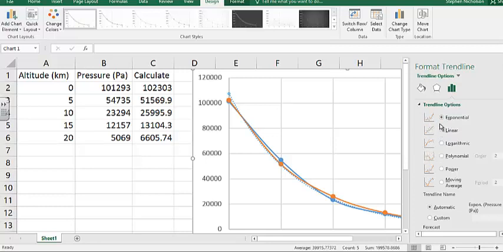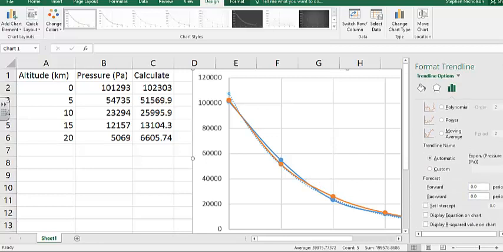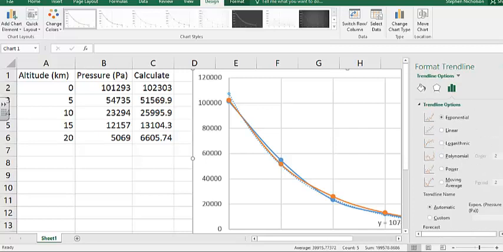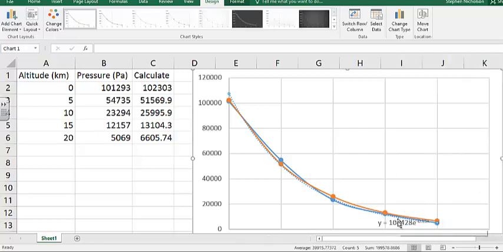You can add a model, which we're saying is exponential. And I'm going to also display the equation on the chart and say OK. So I'm done. Where's OK? I don't think there is one. I just close this. So let's pull this thing up.